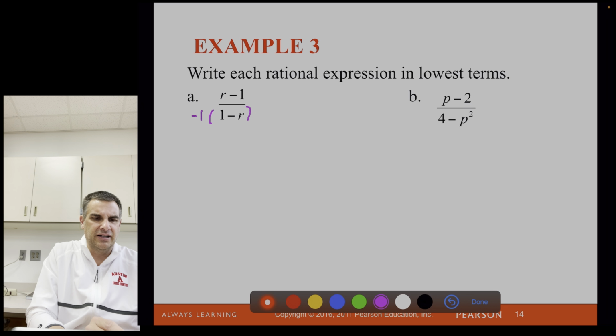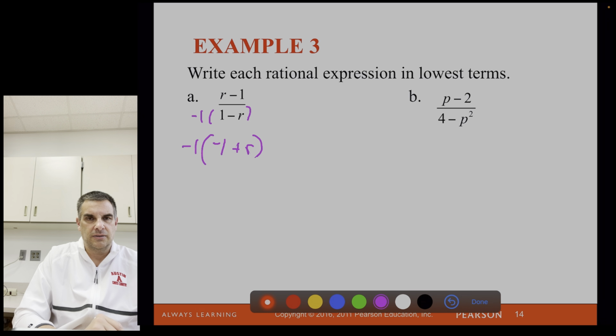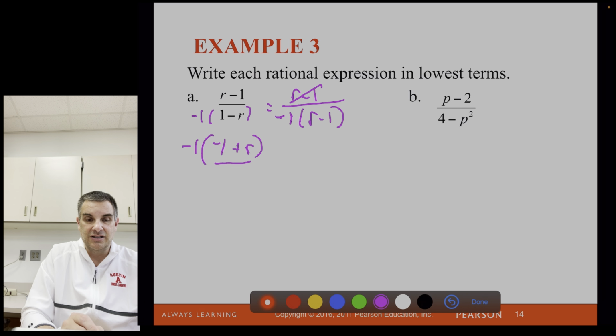If I factor out a negative 1 out of there, that gives me negative 1 plus r. So really what I have here is r minus 1 over negative 1 times r minus 1. So now these r minus 1s can cancel each other out, leaving you with just an answer of negative 1.